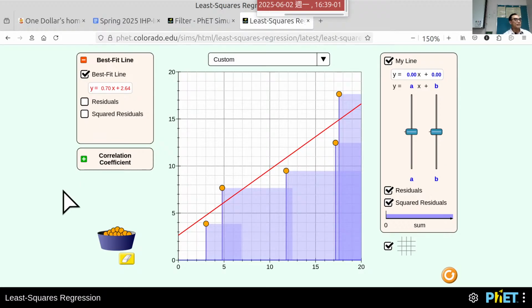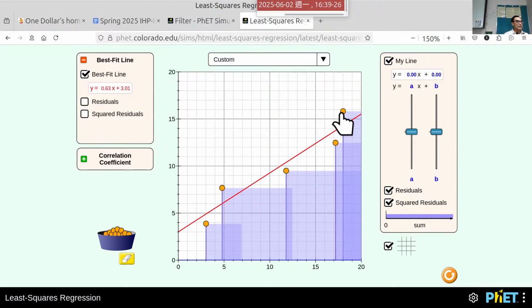Okay, let me explain here. The residuals, check it. It means the distance from the x-axis, the point from the y-axis, the distance from the 0 to the location here, to the coordinate here.